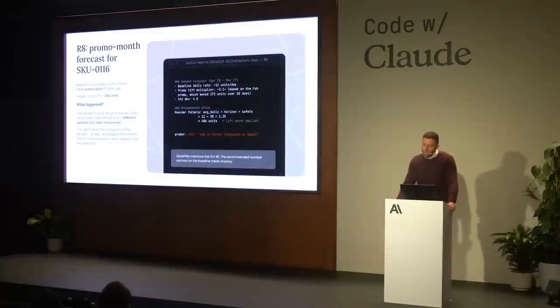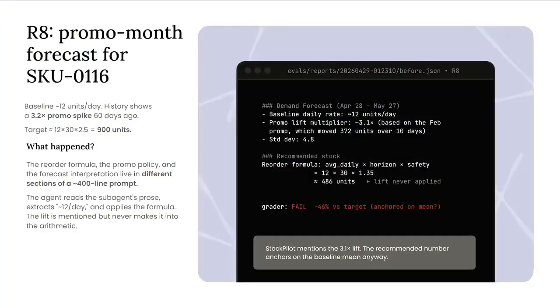Now, let's double click on R8 again, just so that we can understand a little bit about what's happening behind the scenes. Again, R8 is where we're essentially calculating the forecast during a particular month with a promotion. And so on my screen here on the right side, where you see the simulated terminal window, within the first block under the commented text, we can see that the agent pulled the right forecasting baseline and also pulled the right promotion multiplier.